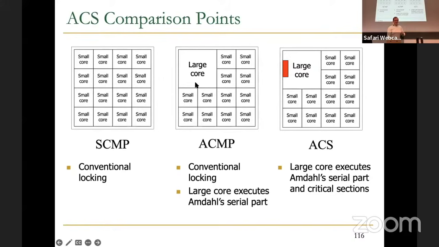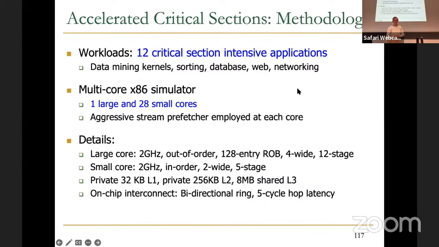We've already discussed this, but in the ACMP, the large core executes the serial parts of the code, but not the critical sections. Serial part is accelerated over here. Here in accelerated critical sections, ACS, the large core executes both the serial parts, because that is actually good, as you will see in the results in general, and also accelerates the critical sections with the mechanisms we discussed.